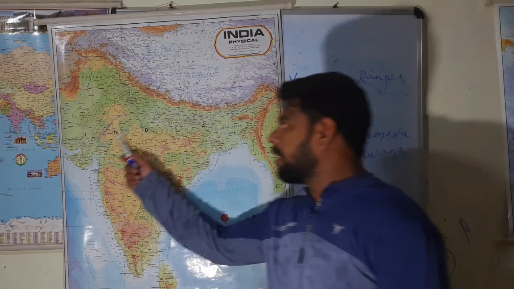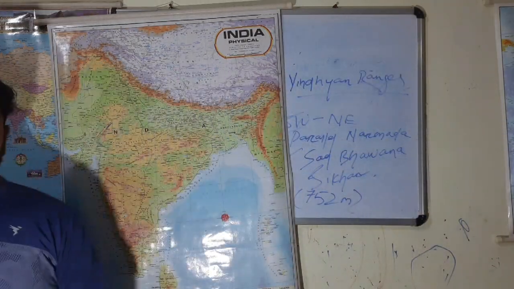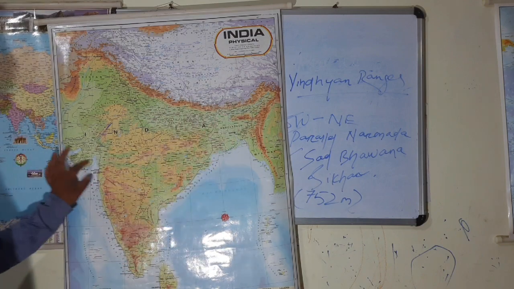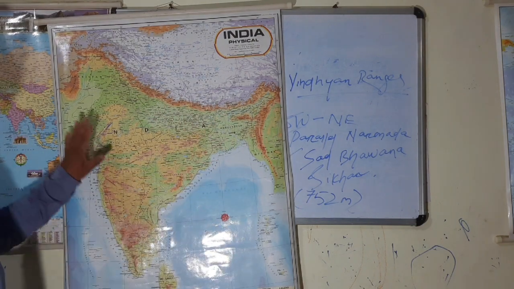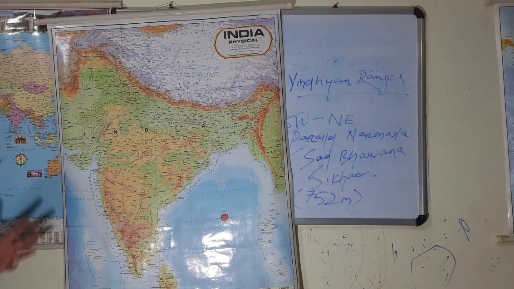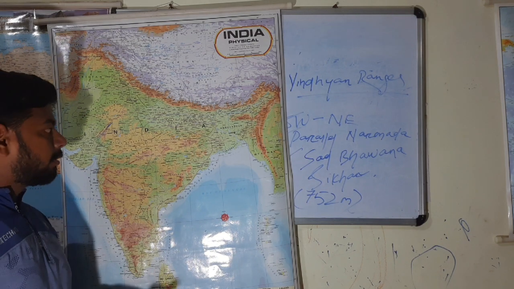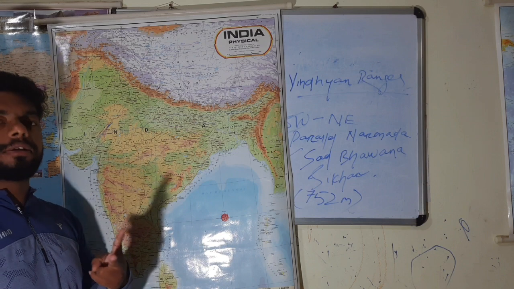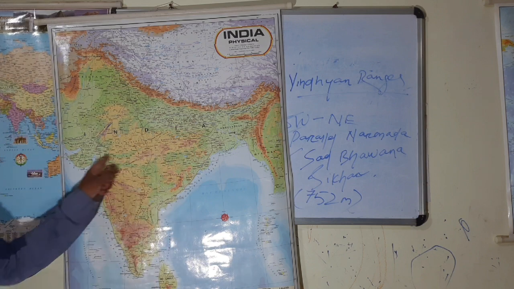In fact, the Vindhyan range is one of the sacred ranges of our country. There are various ranges, and the Vindhyan range is considered one of the 7 sacred ranges of our country. A very interesting fact: in our national anthem, 2 ranges have been mentioned, and out of them, the Vindhyan range is one.